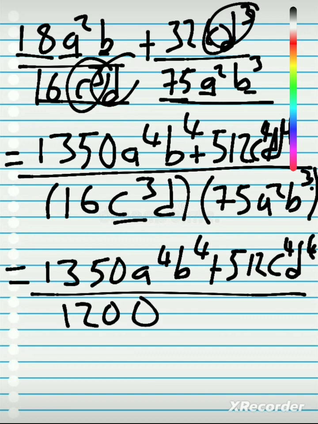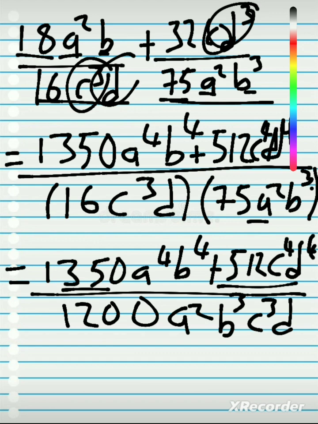c power 3, or first we start with a power 2, b power 3, c power 3, d. So here you can just reduce the numbers. The letters, you cannot factorize anything on top, but the numbers, you can look for a common factor of 512 and 1350.